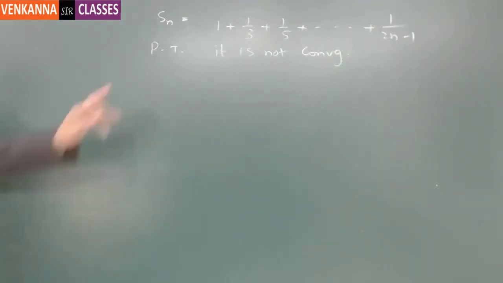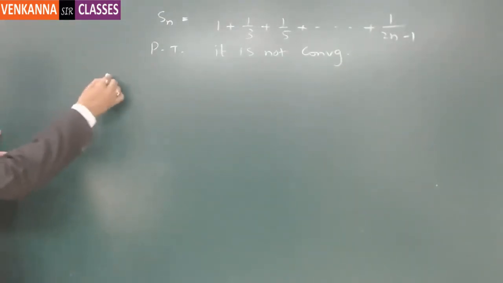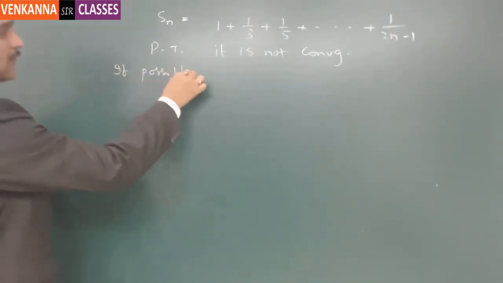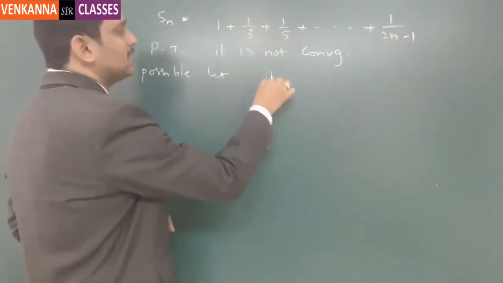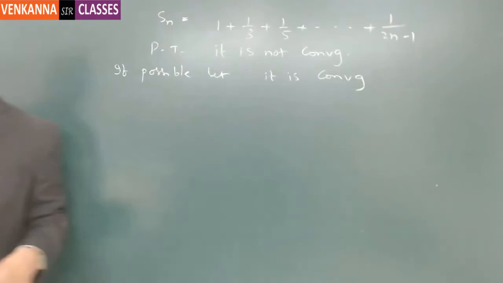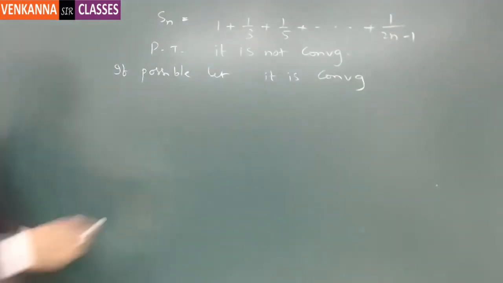Right away it is given that it is not convergent. So now what happens? We use the same technique. If possible, let it be convergent. So it becomes a Cauchy sequence.